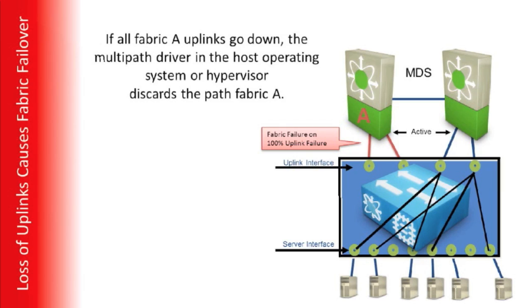So if you haven't configured high availability inside either the operating system or the hypervisor, then you're going to have a lack of communications. Just keep that in mind. This is obviously a rarity that we lose all our uplinks, but if we haven't configured VMware or the operating system for the cutover, we could have loss of connectivity.